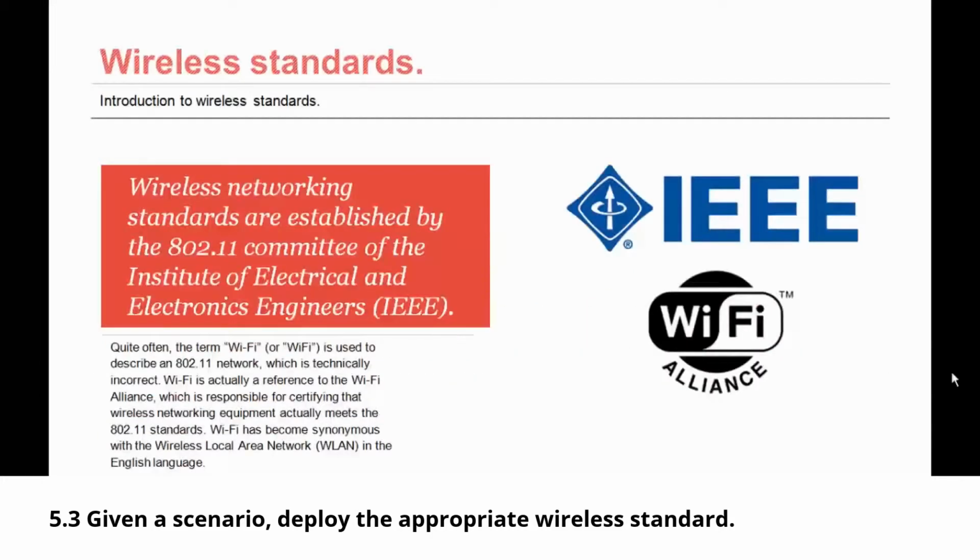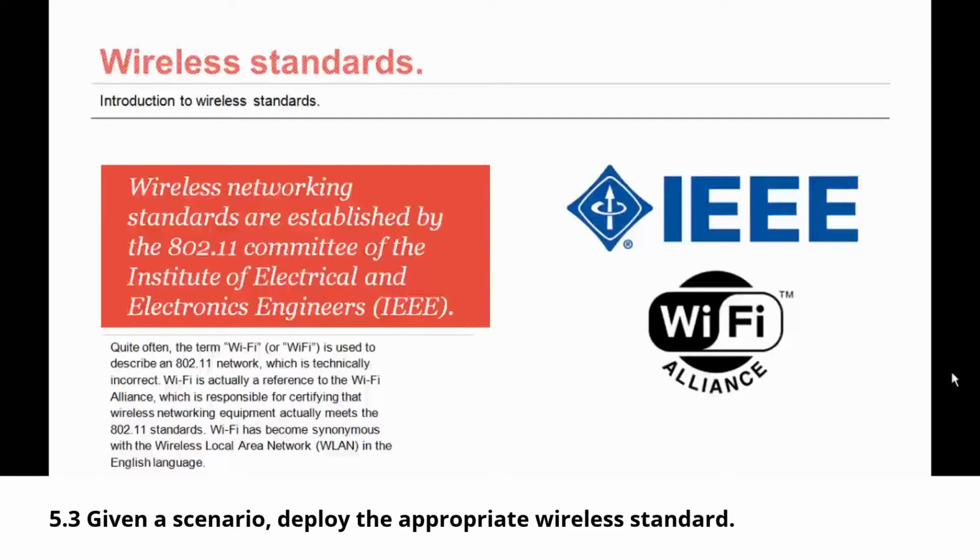Wireless networking standards are established by the 802.11 Committee of the Institute of Electrical and Electronics Engineers, or the IEEE. Quite often the term Wi-Fi is used to describe an 802.11 network, which is technically incorrect. Wi-Fi is actually a reference to the Wi-Fi Alliance, which is responsible for certifying that wireless networking equipment actually meets the 802.11 standards.